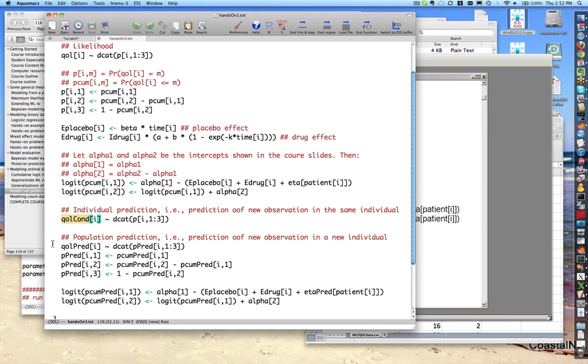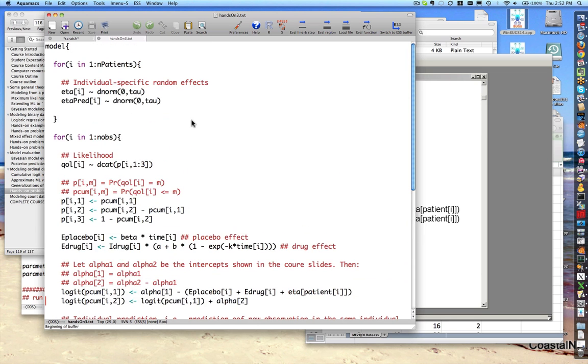But then I also do the population predictions, which require basically redoing all the calculations using the simulated random effects, which you can see I added another line up here to generate.